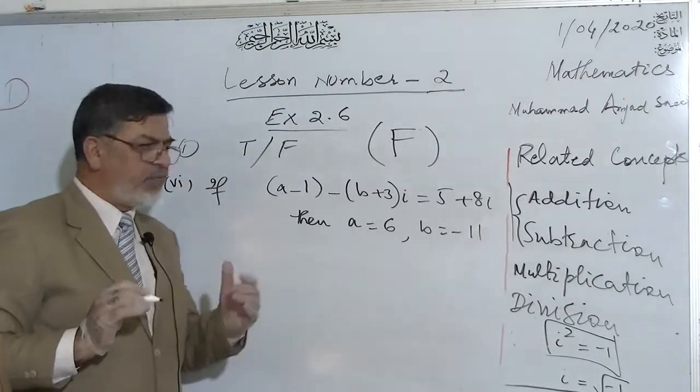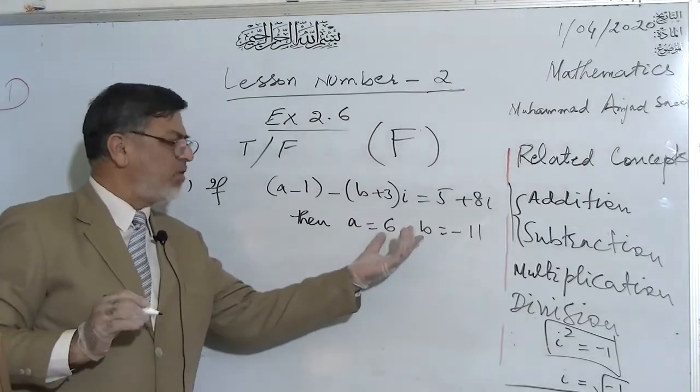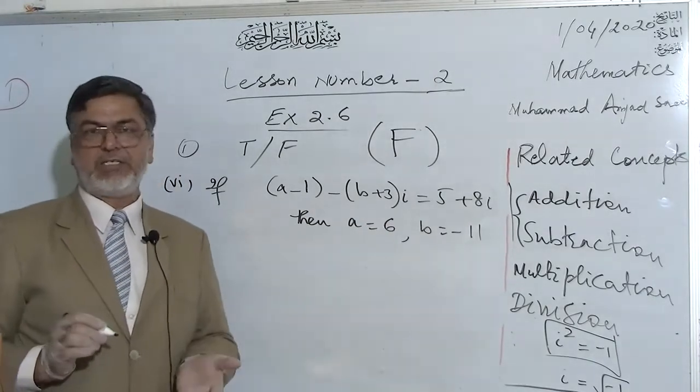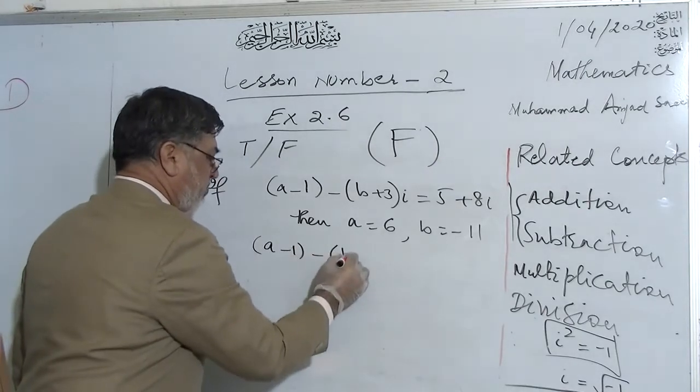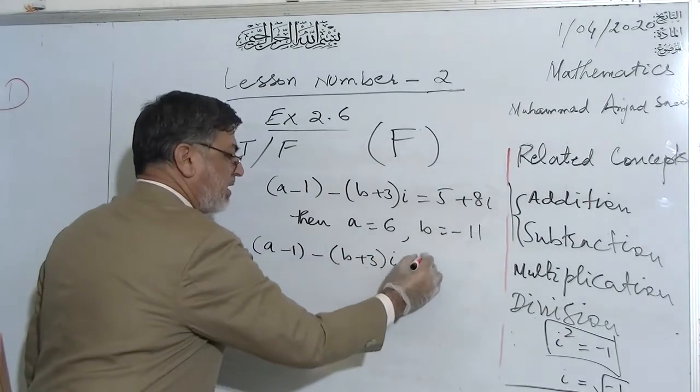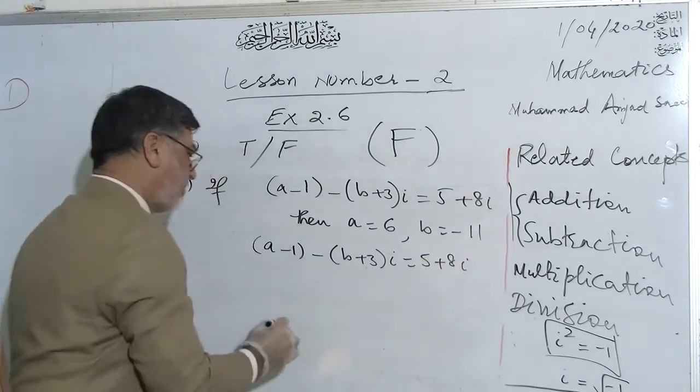Basically, we have to confirm whether we are getting a equal to 6 and b equal to minus 11 or not. Here, a minus 1 minus b plus 3 into iota is 5 plus 8 iota.